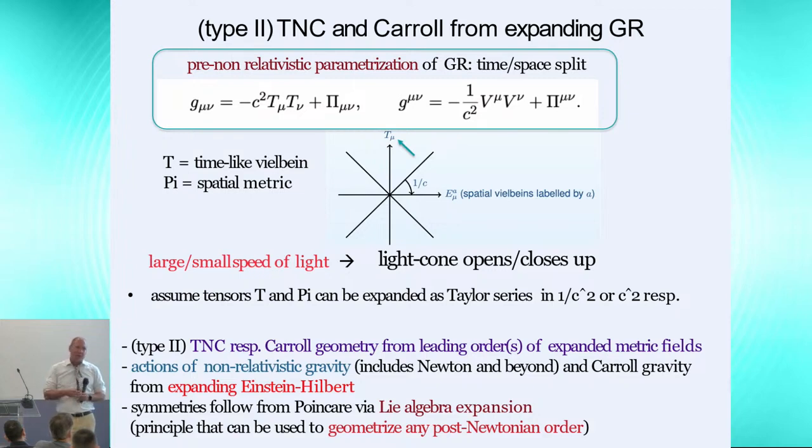So you can take the Einstein-Hilbert action, put in a metric, and get ready to do the expansion by splitting time and space. This is still totally Lorentz symmetric, but now you assume that these are power series in c squared or 1 over c, and you start expanding. And you can get gravity actions on these novel types of geometries. And they actually have very nice and interesting properties.